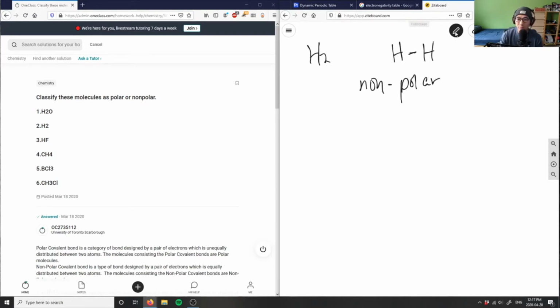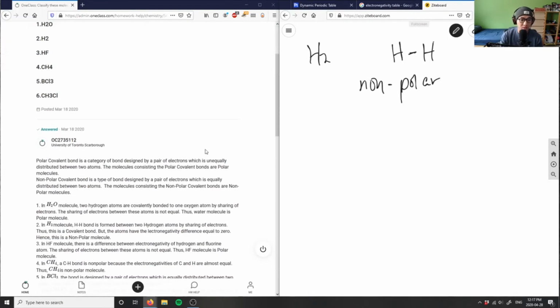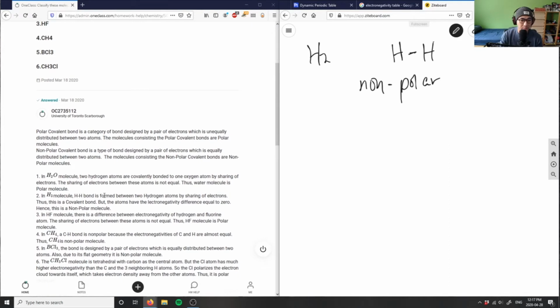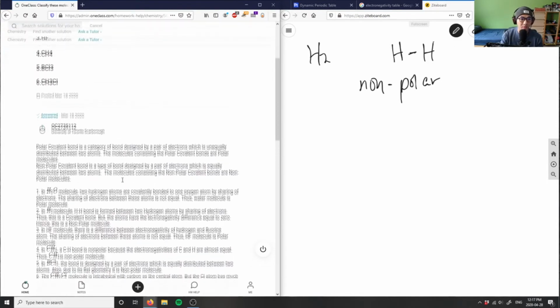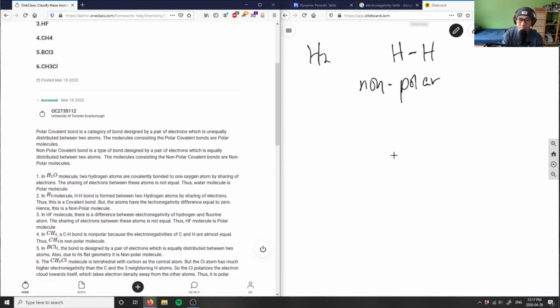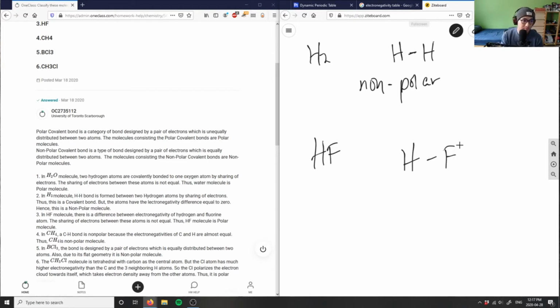Let's look at number 3 here. Let's check. So H2O is polar, good. H2 is non-polar, good. And let's see what they have here. We want to know HF, which is kind of like HCl. If I draw HF as a Lewis diagram, I have this bond which has 2 electrons, but fluorine has 1, 2, 3, 4, 5, 6 here, right?